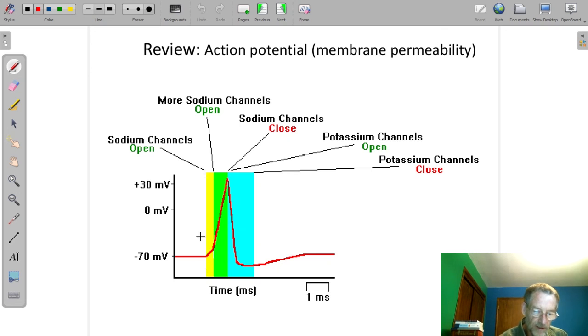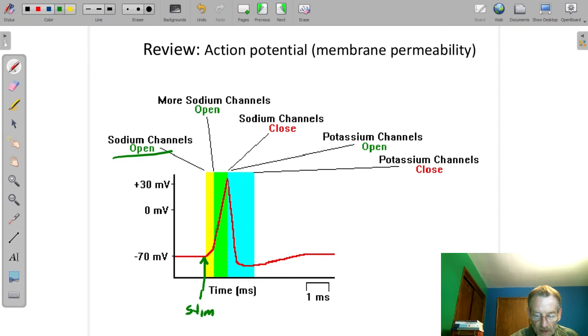So right here is where the stimulus arrives. So there's our stimulus. And sodium channels open. And more sodium channels open during the green.